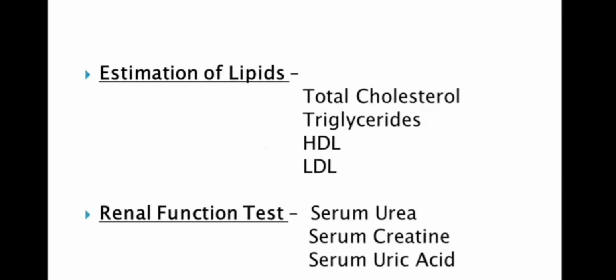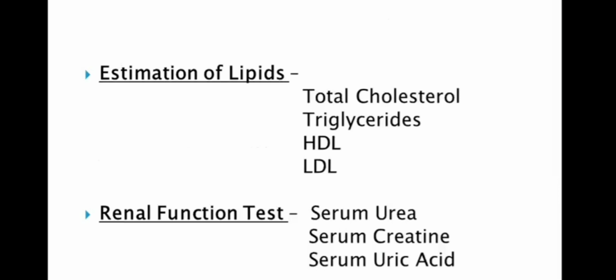And in the estimation of lipids, the total cholesterol, triglycerides, HDL and LDL should be looked into. These are the common things that we have to look into in the estimation of lipids. Total cholesterol should be below 180 to 190.